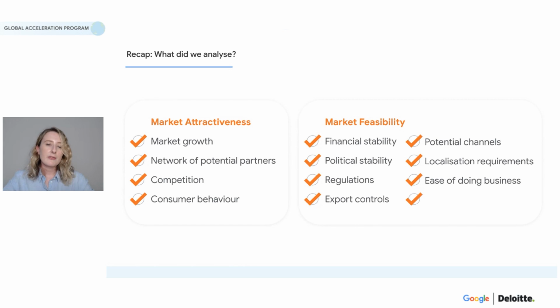We then looked at several factors that affect market feasibility, and so financial and political stability, regulations both on the market overall and for your products, considering factors such as export controls. But then we also established channel access for distribution for your product, to what extent localization might be needed, and how the ease of doing business in general is impacting this market, but also how it's evolving over time.